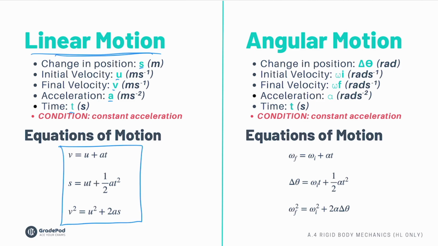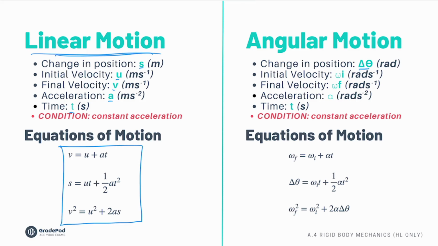Exactly the same equations exist for angular motion, but we just have to use different terms. We can't call them SUVAT equations because it doesn't spell out SUVAT. We don't really have a nice name for them, but let's look at the similarities between the two.